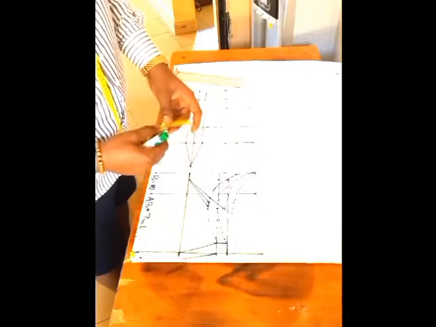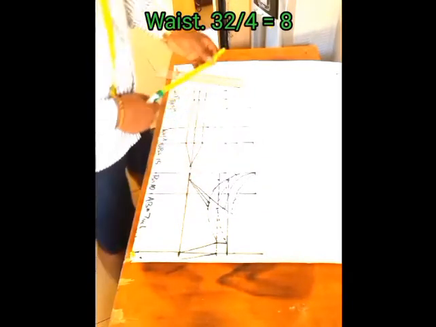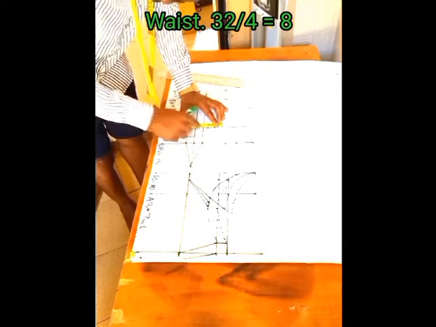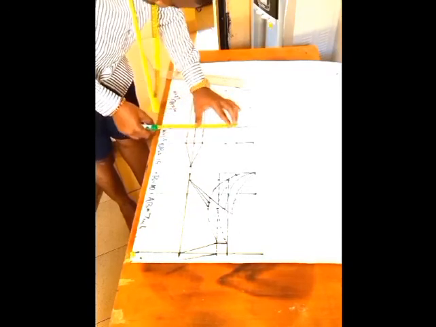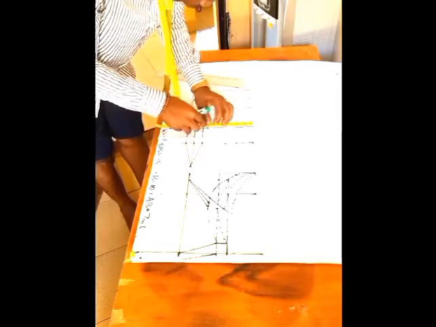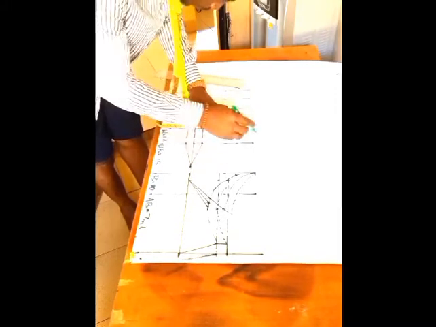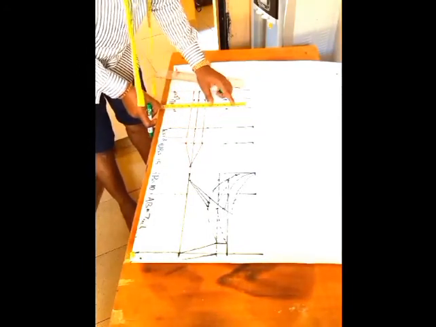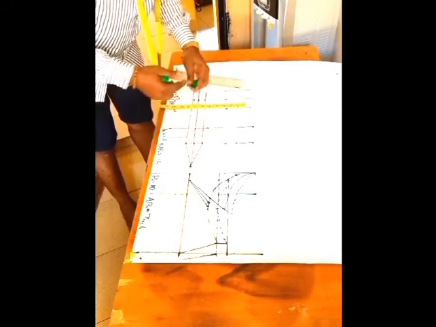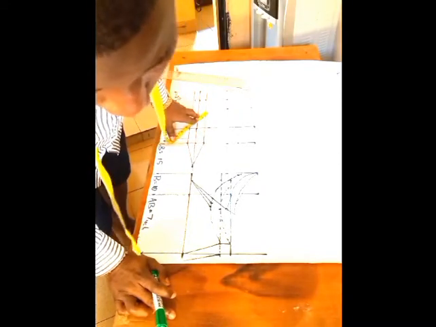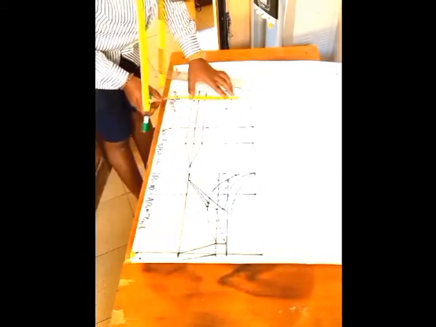The waist is also 32 inches, that is horizontal. Divided by 4, you have 8, plus these 2 that you have taken away, you have 10, plus 2 inches extra allowance, you have 12. So you can go ahead and also do the top hip, where the top hip is, let's say, 36, which is 9.